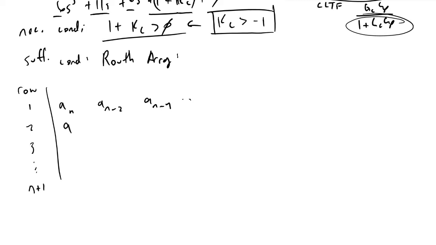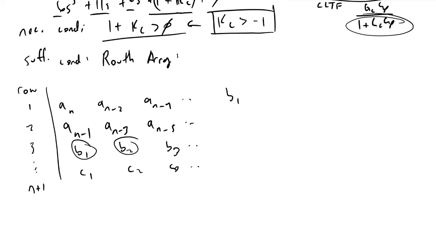Row 2 would be equivalent to a sub n minus 1, a sub n minus 3, a sub n minus 5, and so on. And then finally in row 3, what we have are coefficients b1, b2, b3 onwards, and c1, c2, c3 onwards in row 4. The next thing to do is ask ourselves, what are these terms b1 and b2?